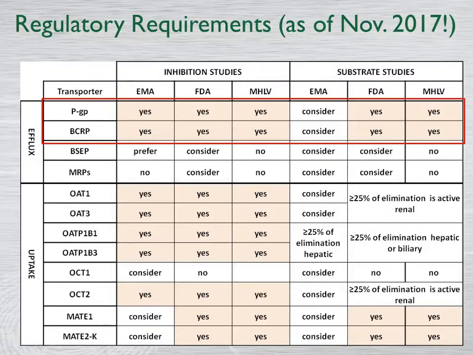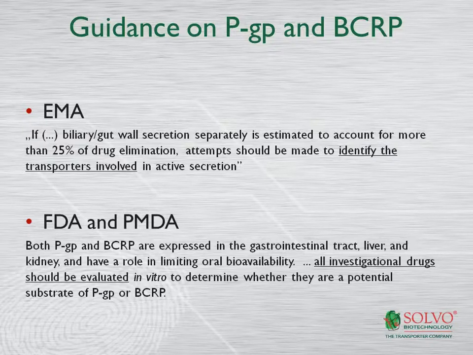Now I want to go a little bit more over this table to go into more detail about the assays behind the decision trees. I want to start with the two very essential efflux transporters, PGP and BCRP. The EMA wrote that if there is, as I already mentioned, a drug elimination higher than 25%, biliary, also in the gut wall, the transporters involved need to be studied.